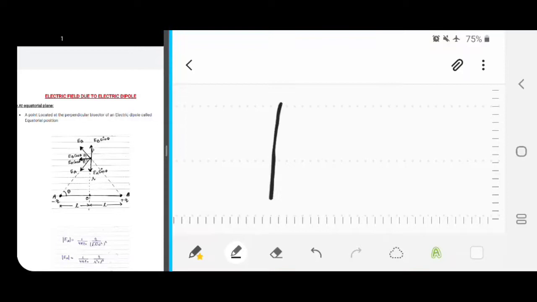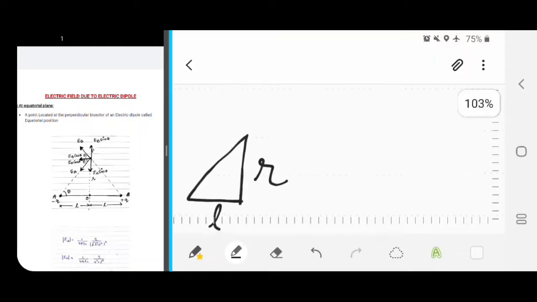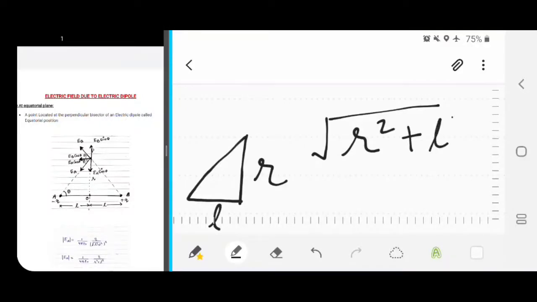Here this is r, this is l, so it will become root r square plus l square. So it is the length of this hypotenuse.